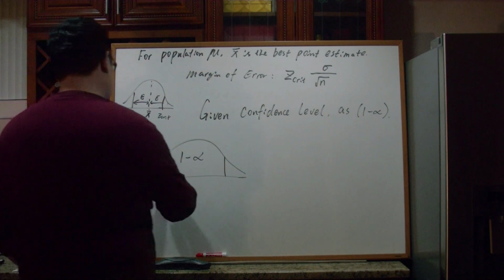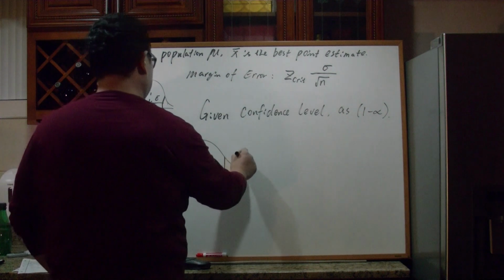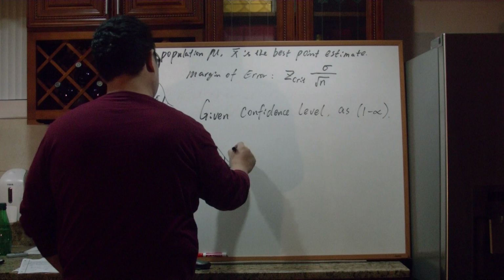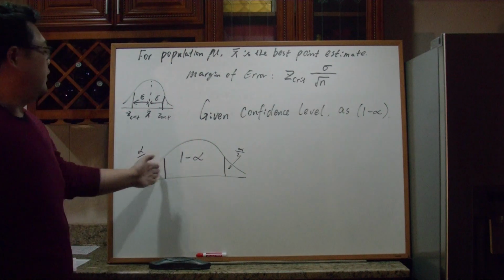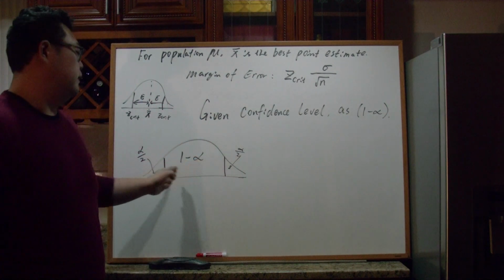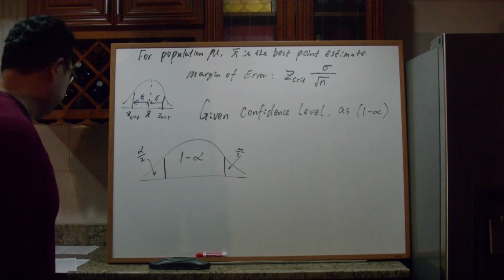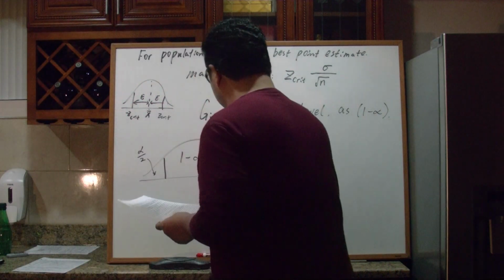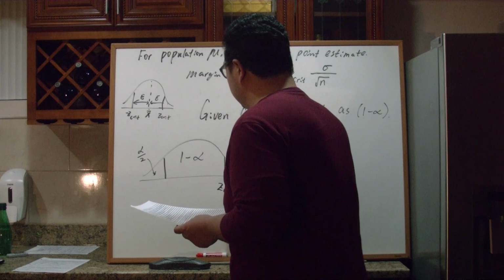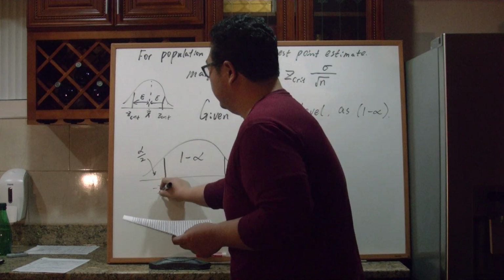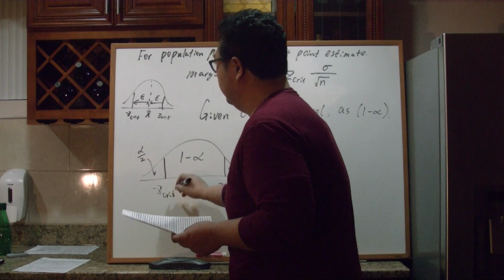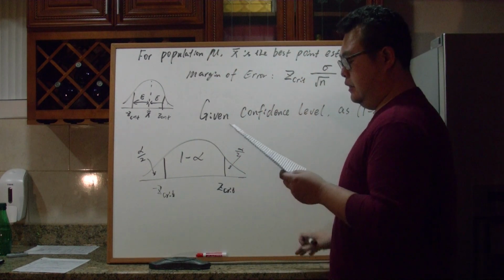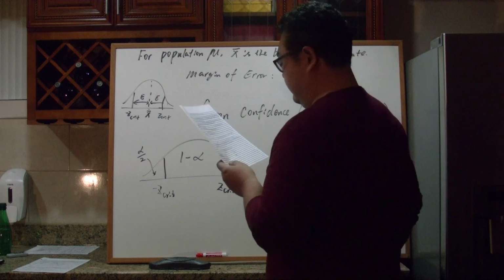The two areas on the tails, each part is alpha over 2, and the total is alpha. And that cutting value is called the critical z-score, positive and negative, which separates the bottom and upper parts for the scores.